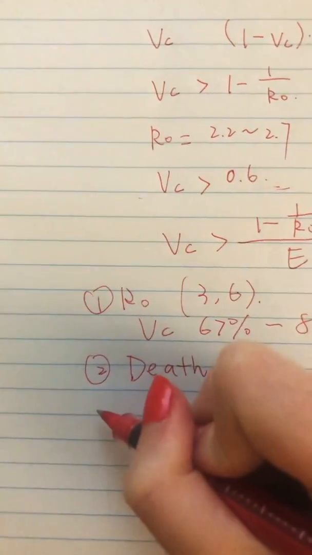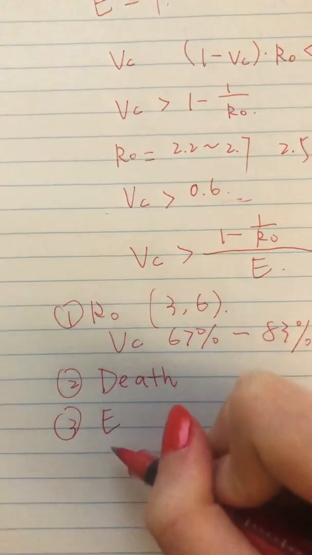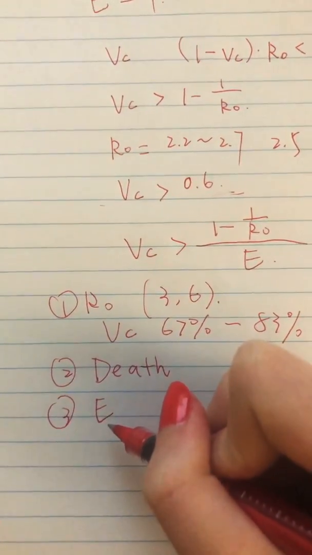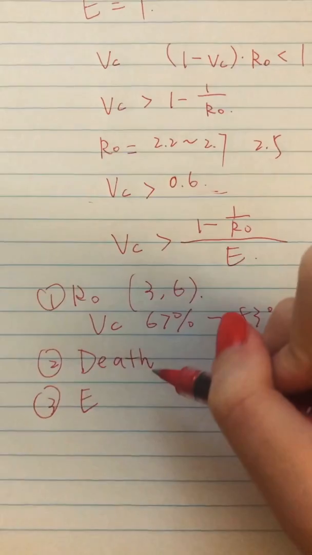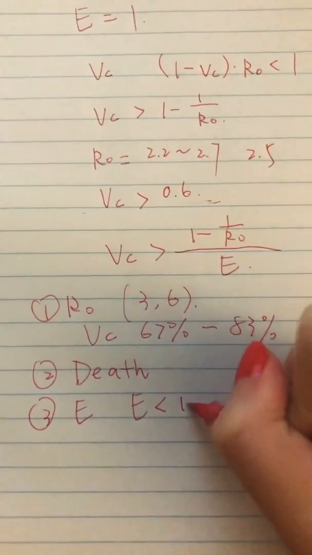And problem number 3, E. E is just not necessarily 1. Have you considered what's going to happen if E is smaller than this?